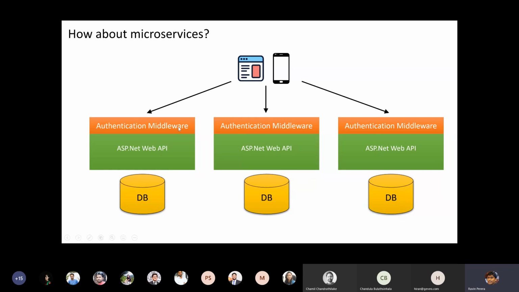Or would all three APIs need to communicate with somewhere the users are stored and issue the tokens? So many questions arise. So in a nutshell, there is duplication, and when you introduce more and more web APIs, it's not good for your architecture. It's not scalable, right?